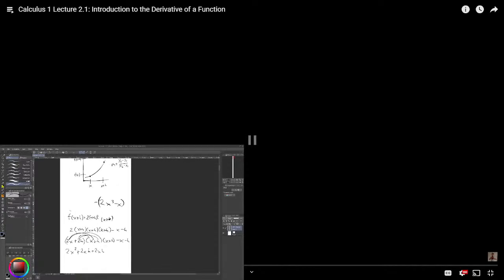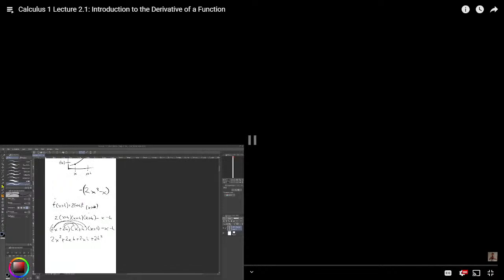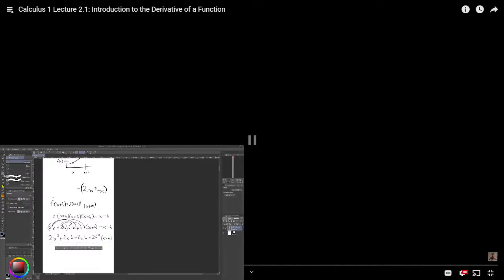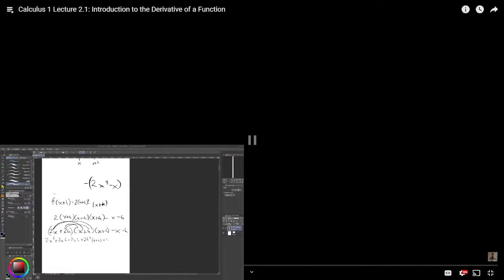Expanding: 2x squared plus 2xh plus 2xh plus 2h squared. It's going to get really big. Times x plus h, minus x minus h.